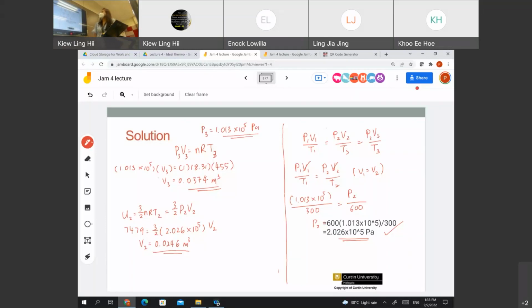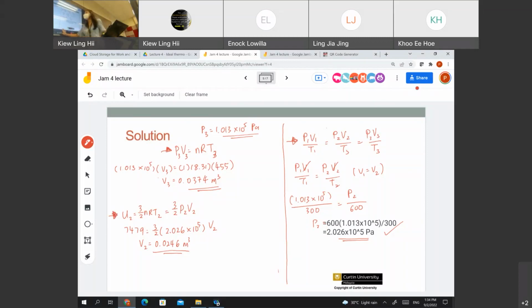So can you find all the values? So basically you can use either the ideal gas law, you can use the ratio, or you can actually use internal energy, as long as this is an ideal gas.